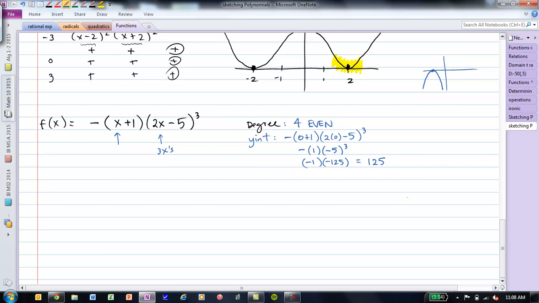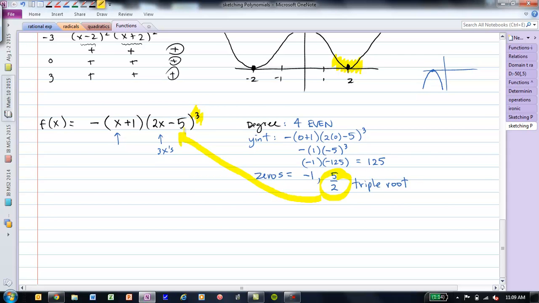All right, now we're going to find our roots or our zeros, and in this case we've got a root at negative 1 and another root at 5 halves, and this one is a triple root. It's a triple root because that binomial is cubed.